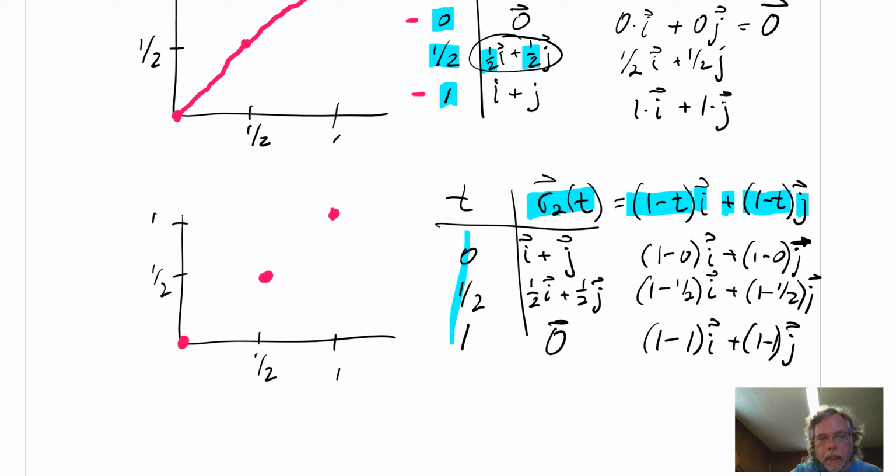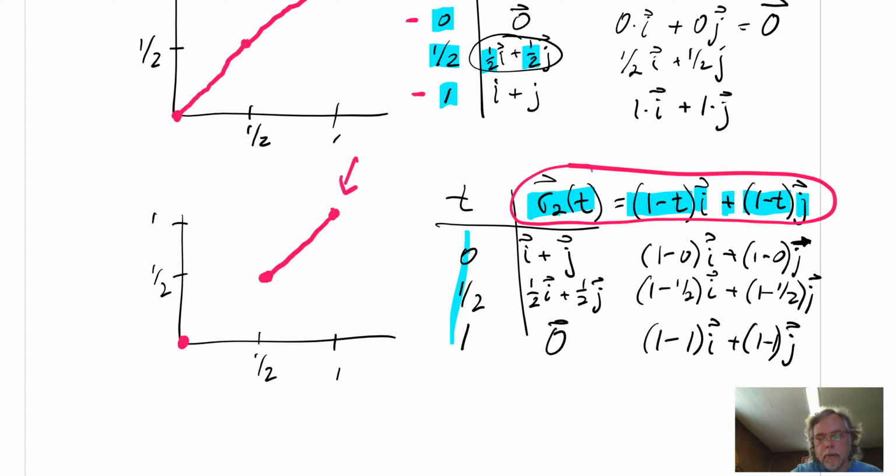So the way this function is working, if we think about it as motion, when time is equal to 0, it starts here. And then it goes this way, and at 1/2 of a second, it's here. And then it keeps moving this way. When time equals 1, we end up at the origin.